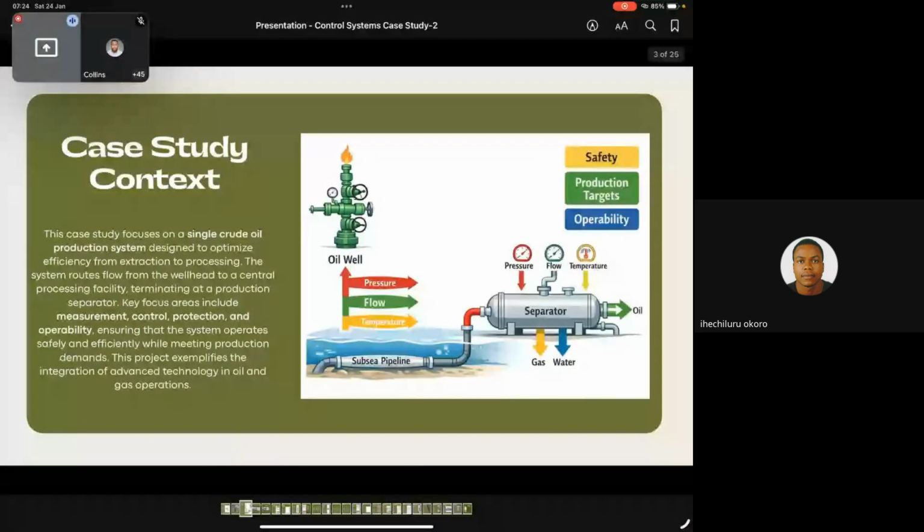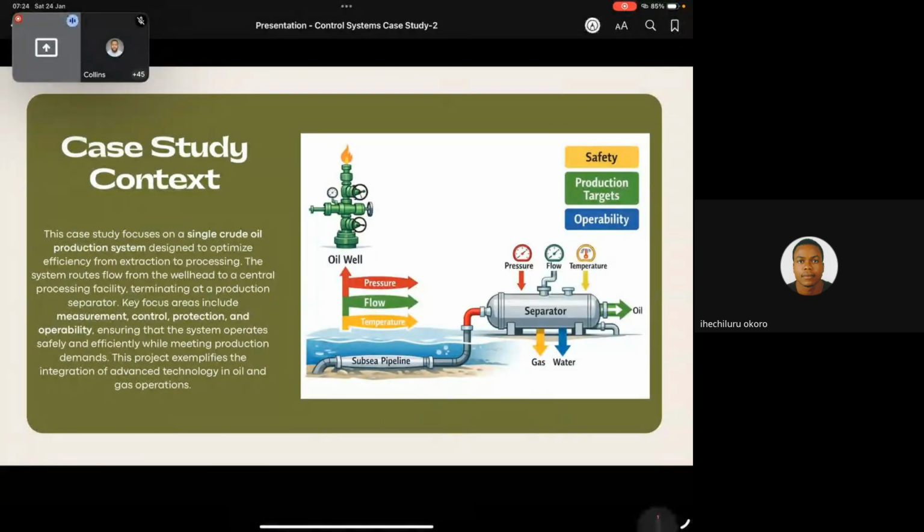So the case study context. This case study focuses on a single crude oil production system designed to optimize efficiency from extraction to processing. The system routes flow from the wellhead to a central processing facility, terminating at a production separator.